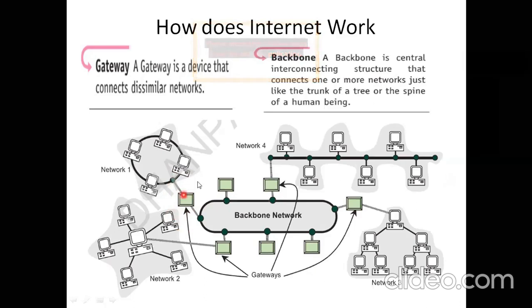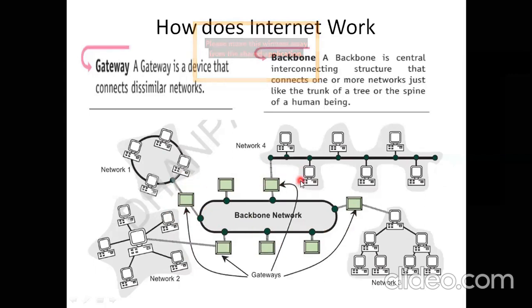Now, what is this backbone network? See, different networks will be there and available to you, but you have to connect all of them. When the different networks get connected to gateways, there will be so many gateways. When all the gateways collect together, that is considered a backbone, that means creating a structure as a backbone and forming an internet. So that is what your backbone network is.